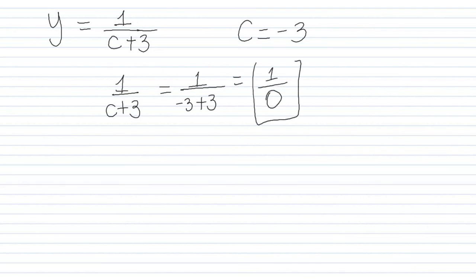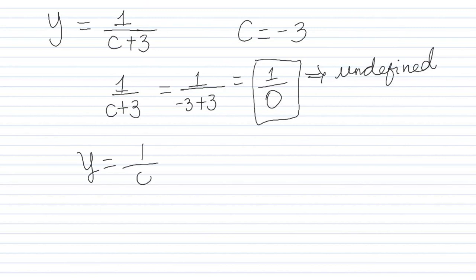And 1 over 0 is undefined, which means that there's no solution. If something is undefined, you cannot define it, hence you cannot solve it, so that is no solution. So you end up with y equals 1 over 0, and that can only happen whenever c equals negative 3.